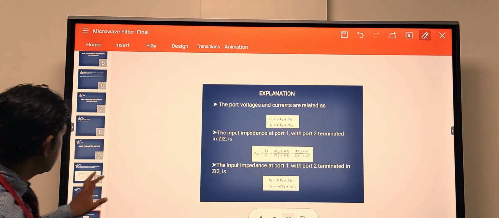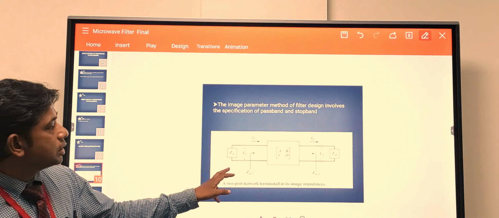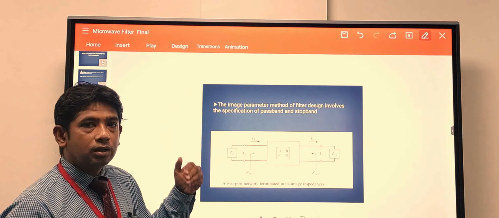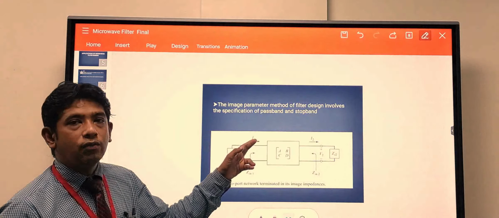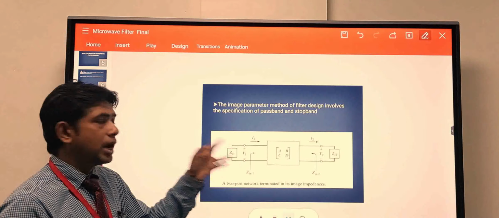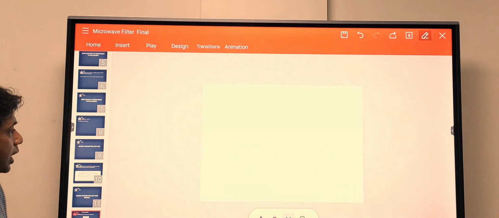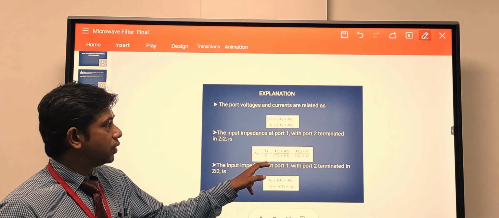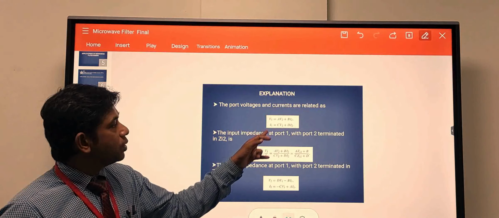What is Zin1? Zin1 is the ratio of the voltage V1 to the current I1, that is V1 by I1.